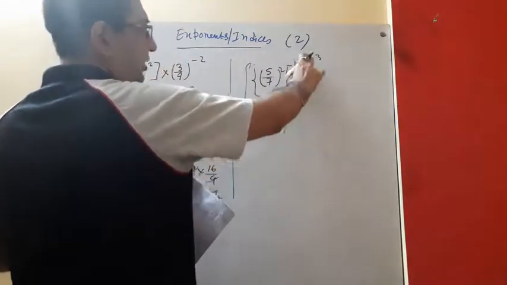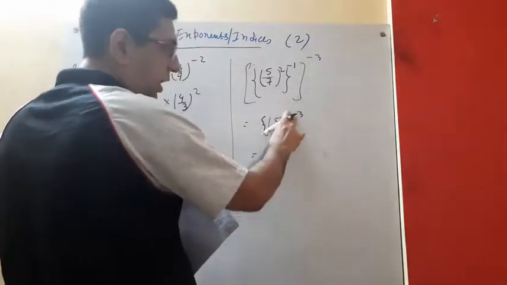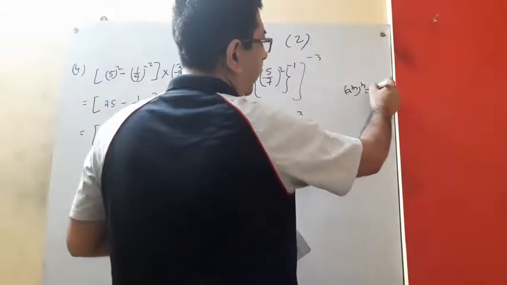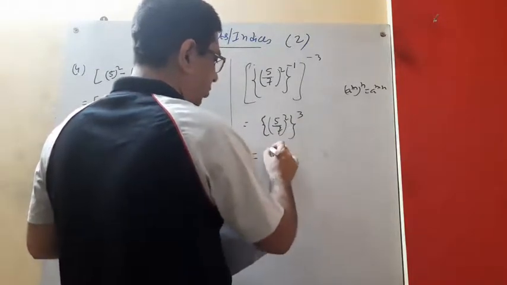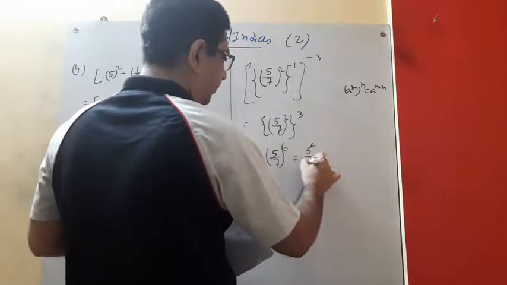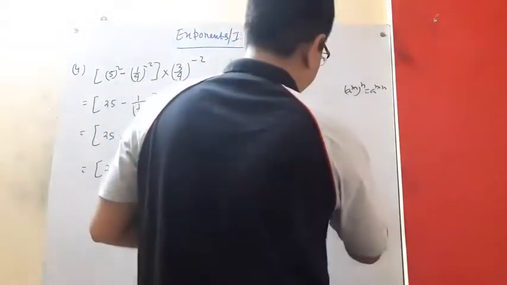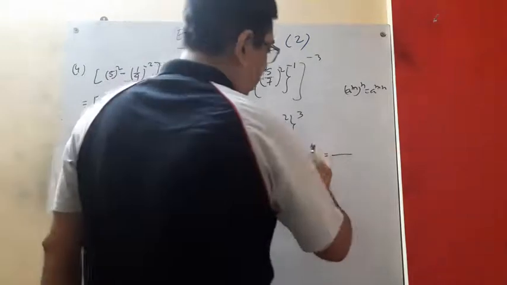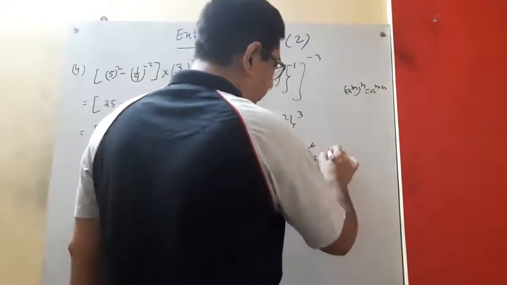And this minus 1 and this minus 3 multiplied, we get plus 3. Again there is the 2 power. We know that a to the power m whole to the power n equal to a to the power mn. So what we are getting? 5 by 7 to the power 6. That means 5 to the power 6 by 7 to the power 6. Or you can go for multiplication. If it is simplify, you have to go for multiplication, or you will keep the answer here.